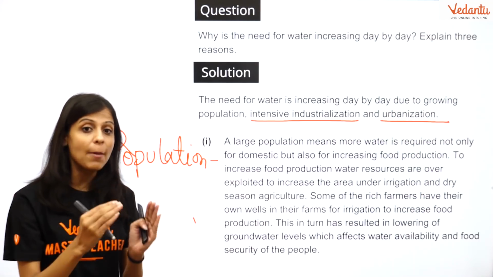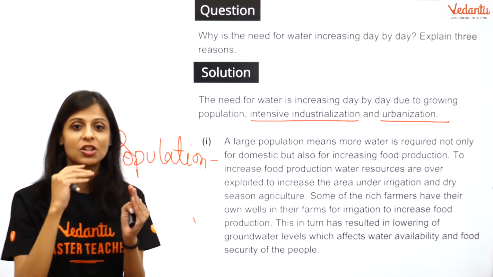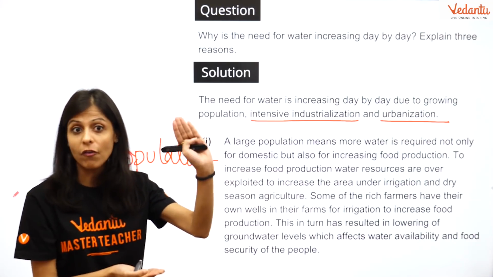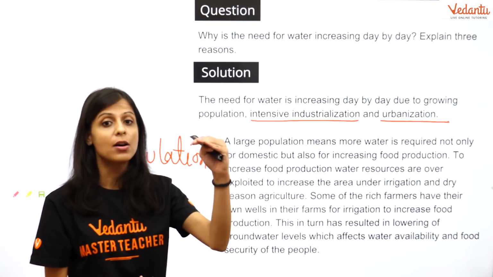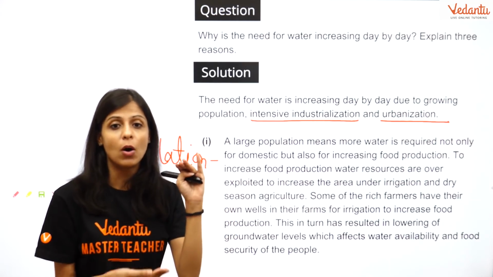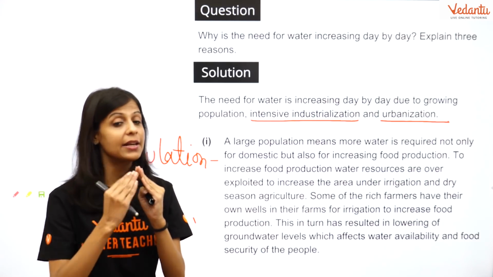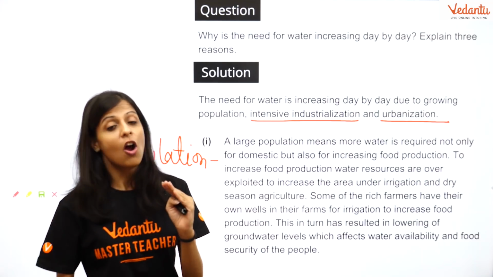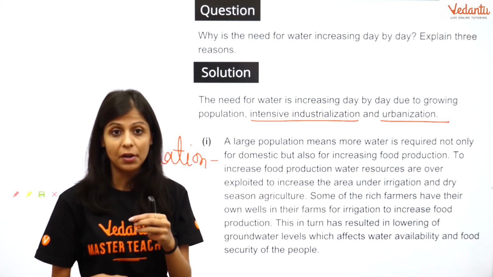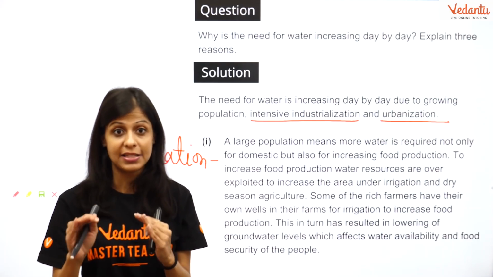So before you jump onto the points, talk about the increasing population, then the food pressure, then the irrigation facilities, then the divide between rich and poor farmers, where the rich farmers get easy access to irrigation facilities, whereas the poor farmers have to struggle a lot. This in turn has created a lot of stress on the water table, because every now and then they've been exploiting the water table and the level has dramatically reduced.